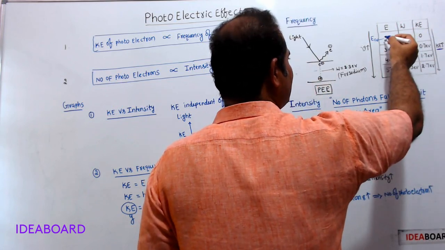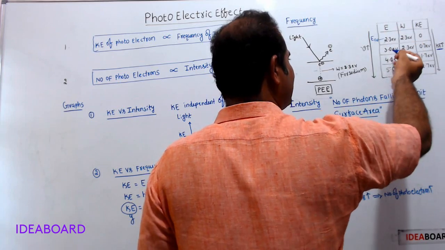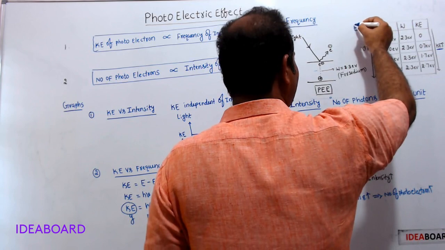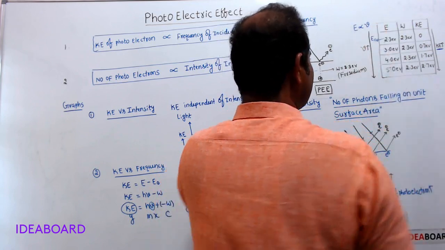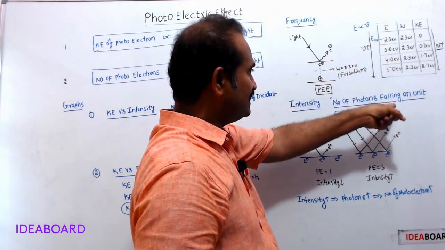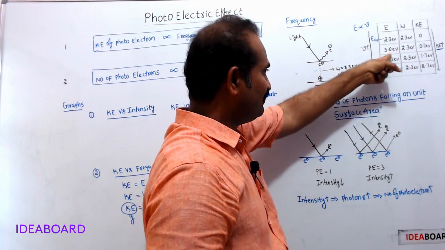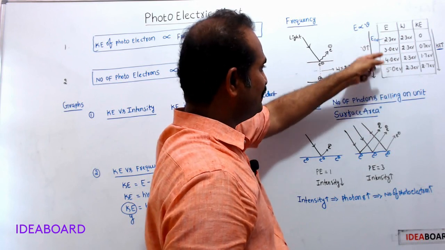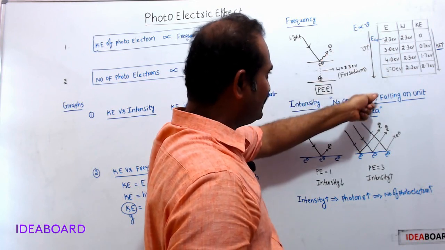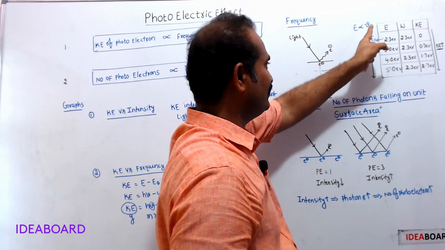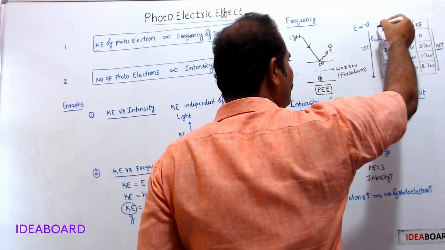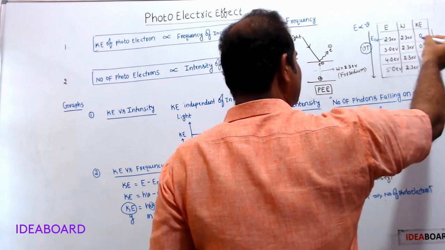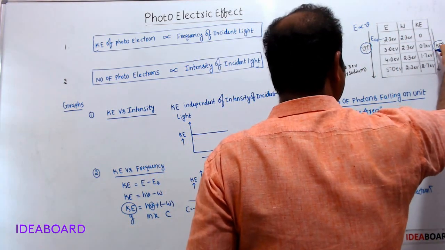We know that if the energy of the incident photon increases, the frequency of the incident photon also increases, because energy is directly proportional to frequency. Top to bottom, as the frequency of the incident photon increases, what happens to the kinetic energy of the ejected electron?